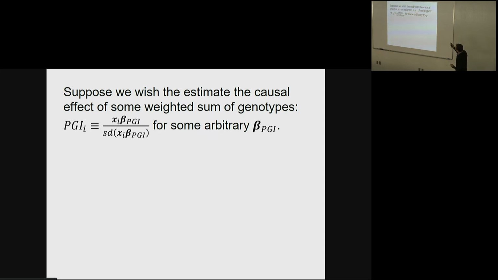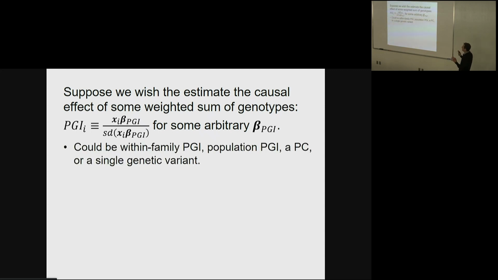So let's say the problem is we want to estimate the causal effect of some weighted sum of genotypes. I'm going to call that a PGI. And I'm going to allow this to be an arbitrary weight vector. So this could be a within family PGI, could be a population PGI based on a regular GWAS, could be a principal component, could be a single genetic variant where we put all the weight on one variant.